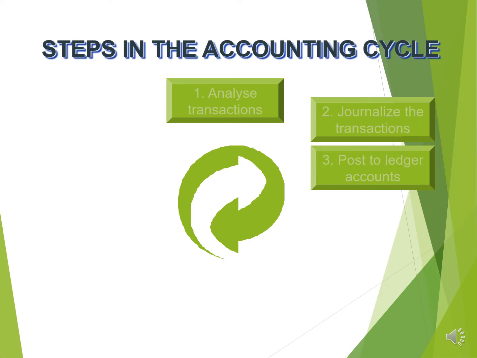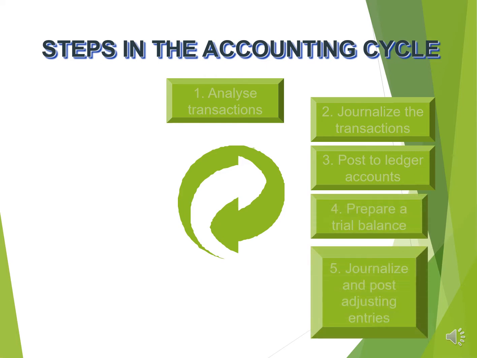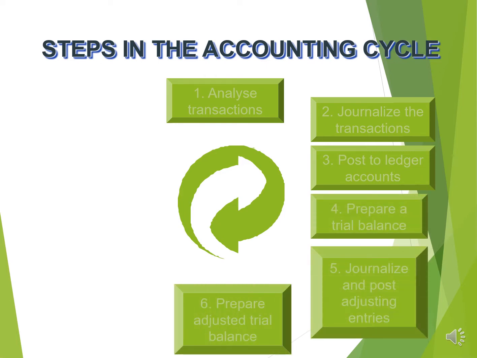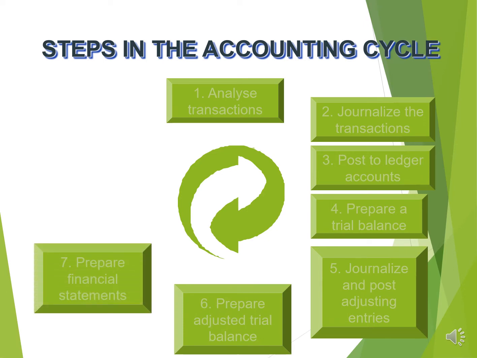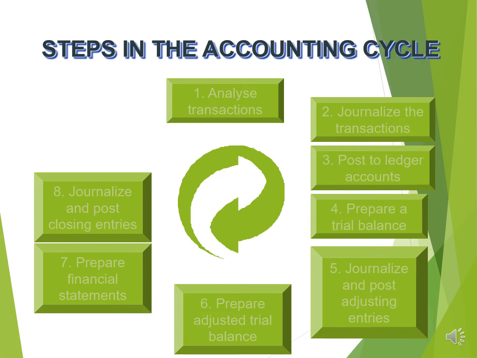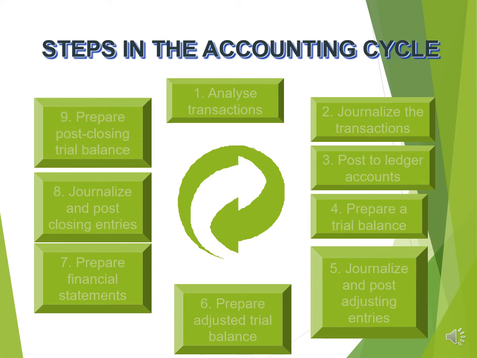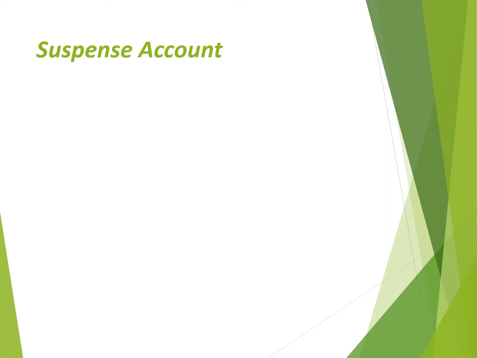To pass a journal entry, to record that, the first task is to analyze the transaction and then journalize it, post them to accounts, prepare a trial balance, journalize and post adjusting entries, prepare an adjusted trial balance, prepare financial statements, and journalize and post closing entries. These all we have already discussed.